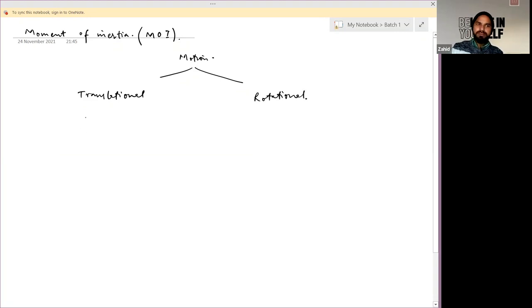So for translational motion, if you have a body having mass m, so if you apply force on it, there is tendency of body due to which it will oppose external force so as to continue their own state, which is called as inertia in translational motion. Is it clear?